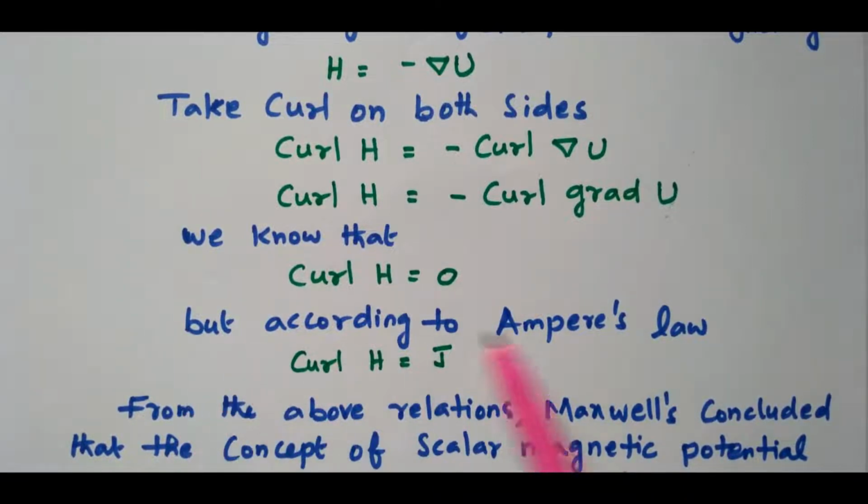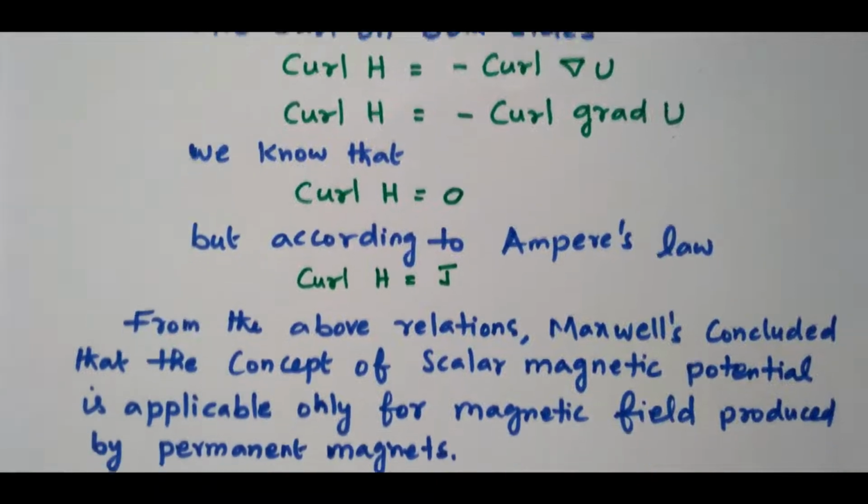But according to Ampere's law, curl of H equal to J, current density, right? So the normal expression gives curl of H equal to 0, but based on Ampere's law, curl of H equal to J. These two are not matching together.